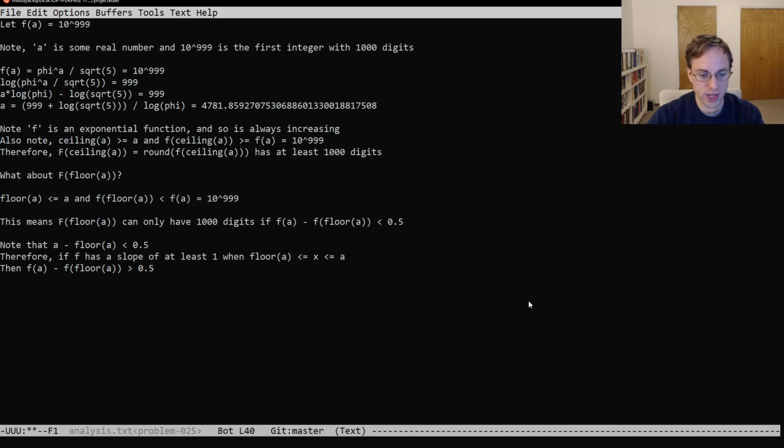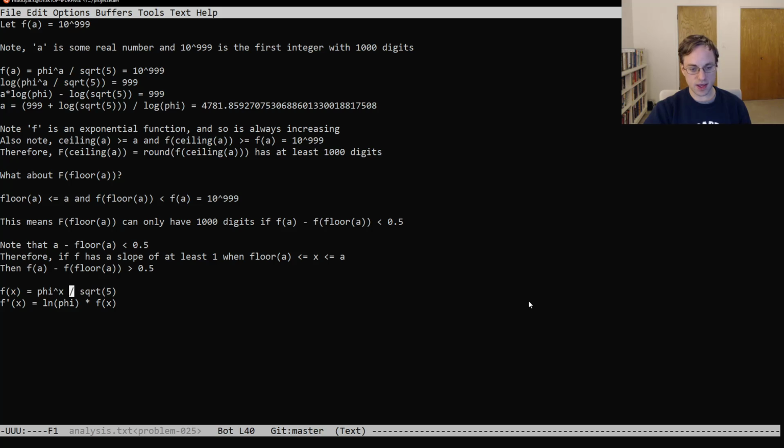Okay, so how do we determine the slope of f? Unfortunately, we're going to have to use a little bit of calculus. It's not too bad, so I hope you'll bear with me here. So again, we'll recall that f of x is equal to phi to the x divided by square root of 5. And therefore, f prime of x is just going to be equal to the natural log of phi times f of x.